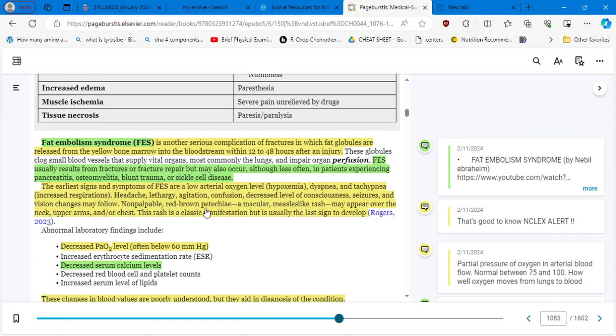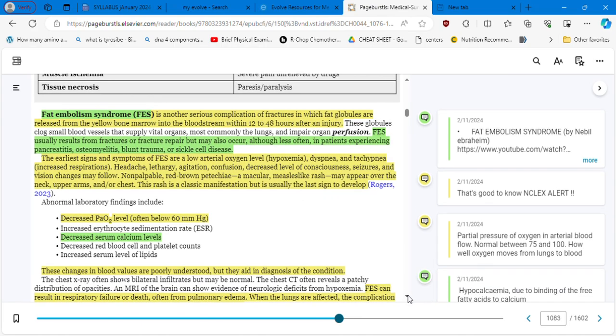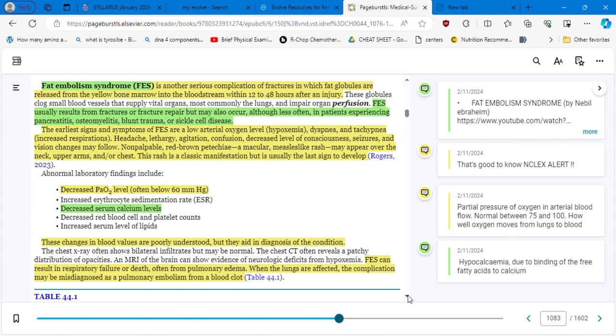Non-palpable red-brown petechiae and macular missile-like rash may appear over the neck, upper arms, and or chest. This rash is a classic manifestation, but it's usually the last sign to develop. Okay, that's why assessment is very important. And all these signs and symptoms are good to know. NCLEX alert, okay, it's gonna come in your exam.